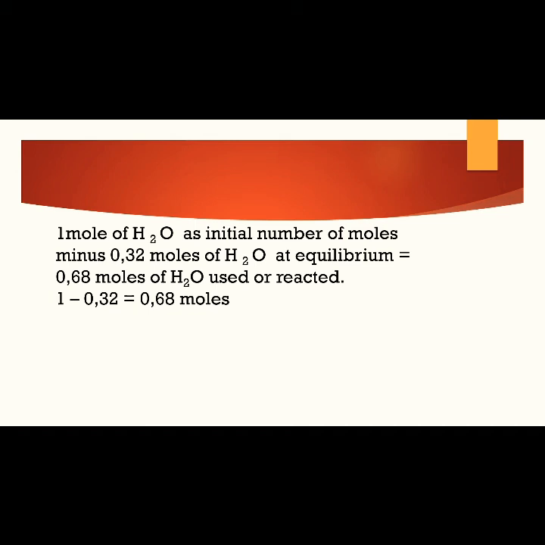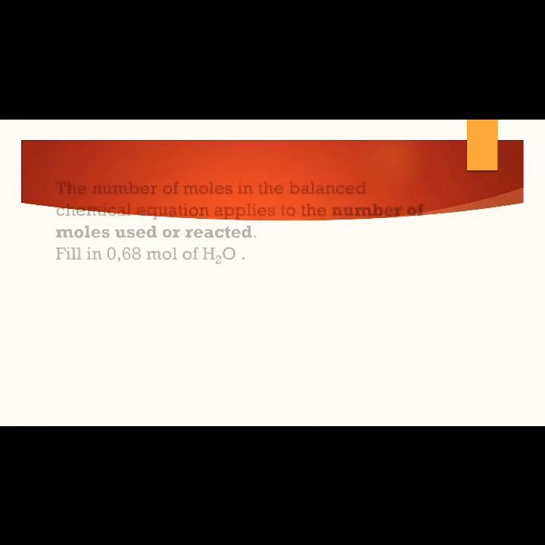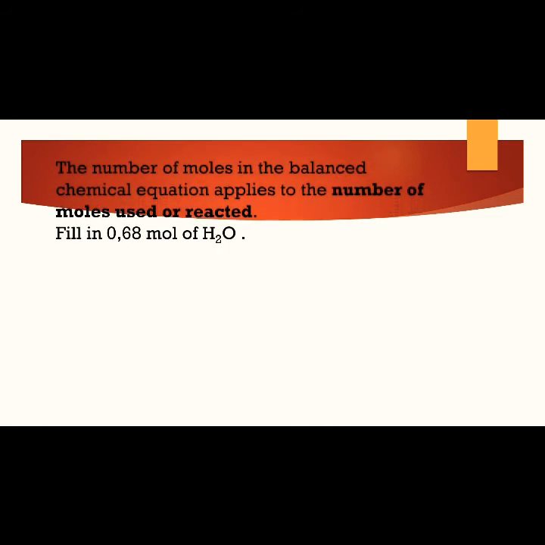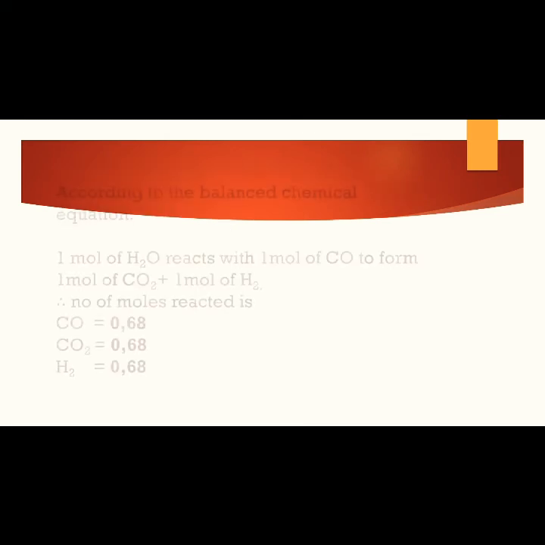So it's 1 minus 0.32 and you have 0.68 moles. The number of moles in the balanced chemical equation applies to the number of moles used or reacted. Fill in 0.68 moles of water.